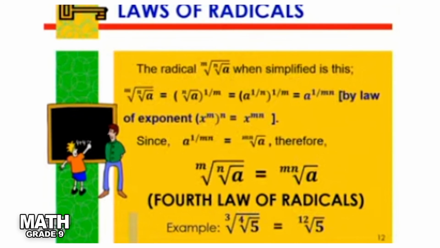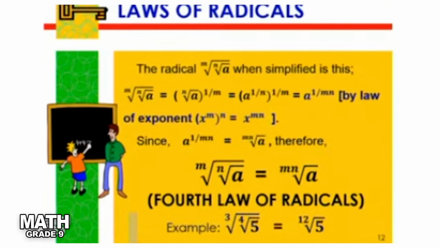Lastly, the radical, the mth root of the nth root of A when simplified is this. The mth root of the nth root of A is equal to the quantity of the nth root of A raised to 1 over m, which is equal to A raised to 1 over m times n.